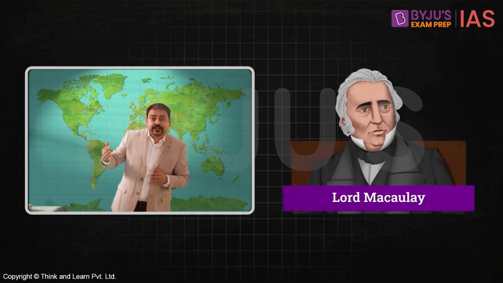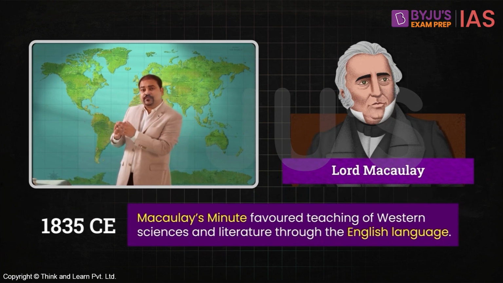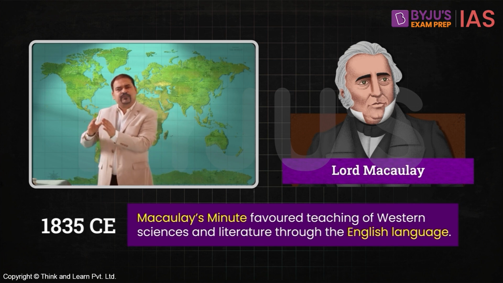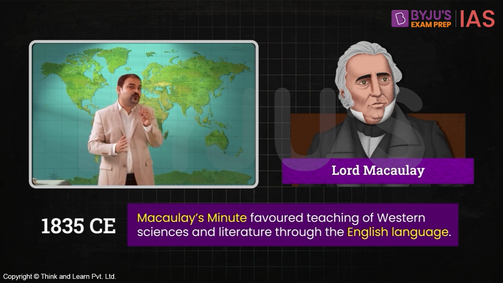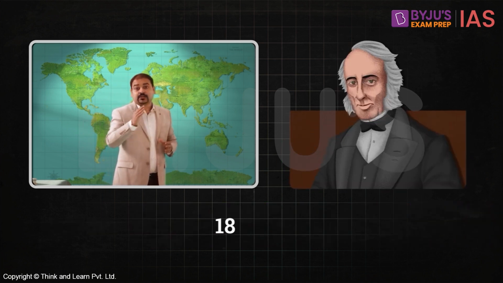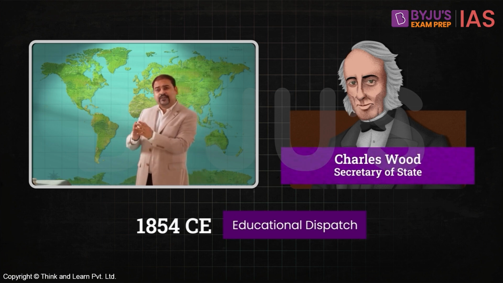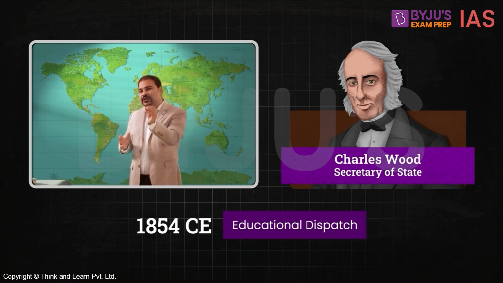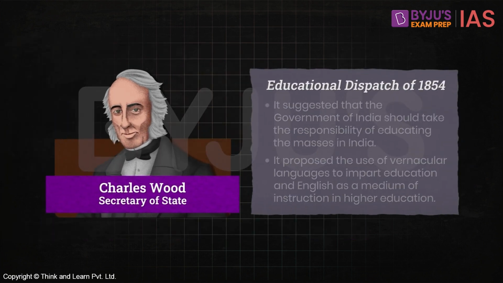This was further encouraged in the famous Lord Macaulay's Minute of 1835, which favored teaching of Western sciences and literature through the English language alone. Another major impact on education in India was when Charles Wood, the Secretary of State, sent an educational dispatch in 1854. The dispatch suggested that the government of India should take the responsibility of educating the masses in India.